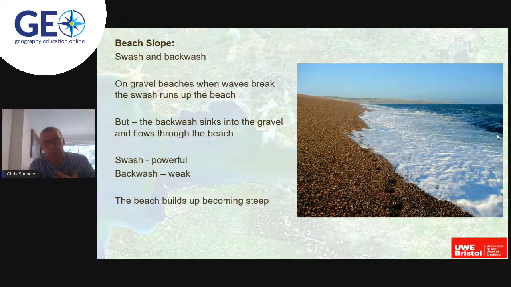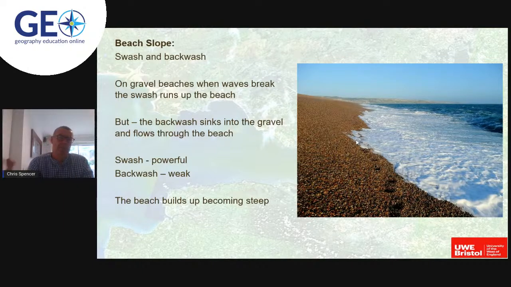It makes a fantastic noise as the waves foam and run up the beach. But then the backwash tends to sink into the gravel. We don't really see much evidence of the backwash. It seeps into the gravel. It's very porous, with lots of gaps, and the seawater can seep into the gravel, and the backwash returns through the beach.